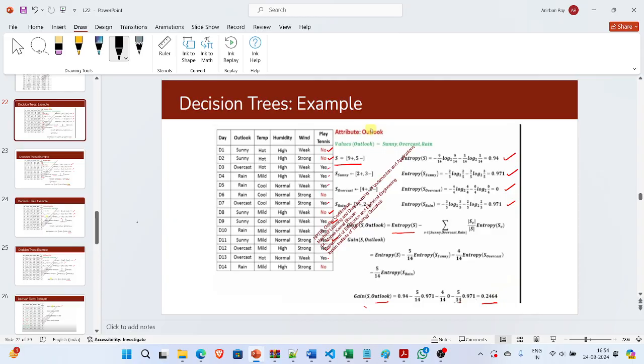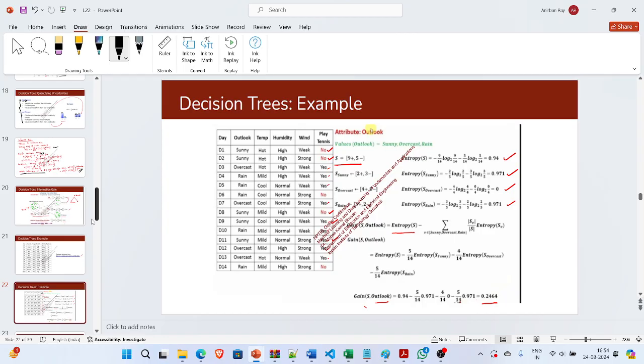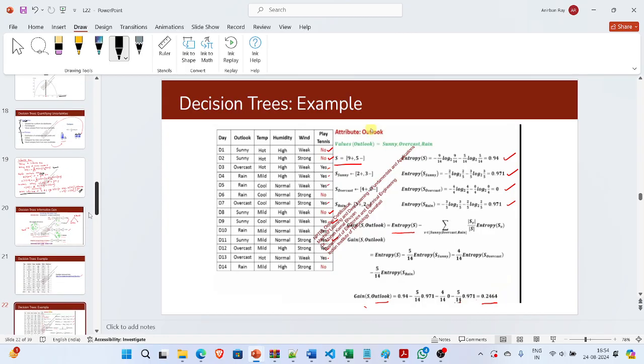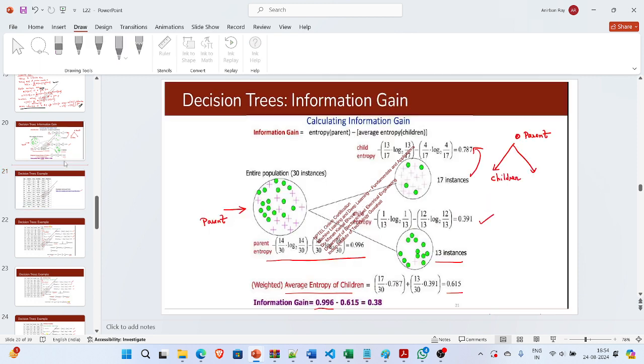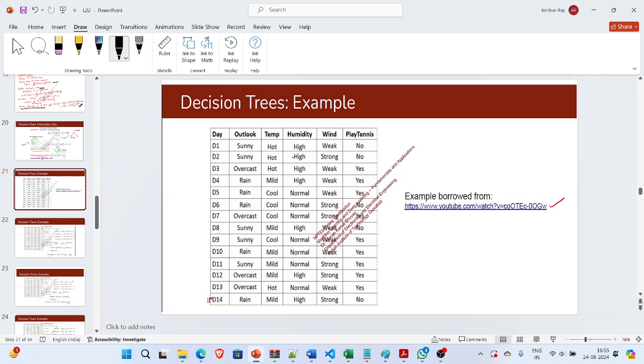So we'll go like this. The idea is something like this. Let me explain, and we should take the example simultaneously so it will be easier to understand. This is our example. The outlook means the weather outlook. What can it be? Sunny, overcast, rain.